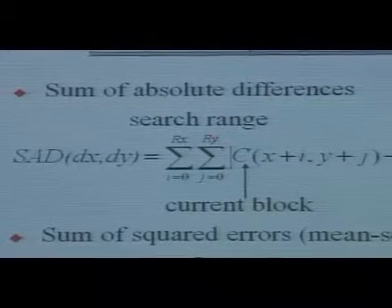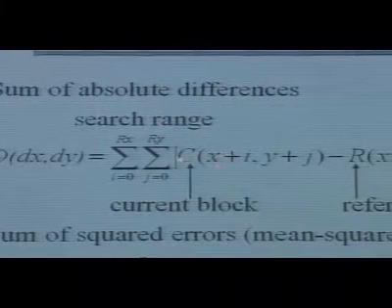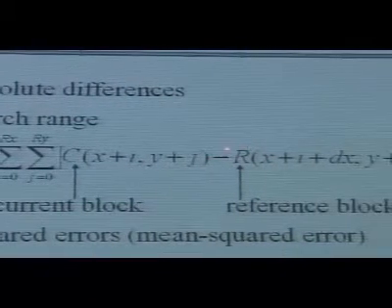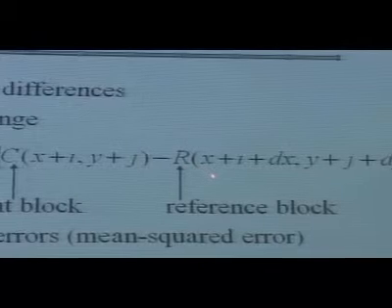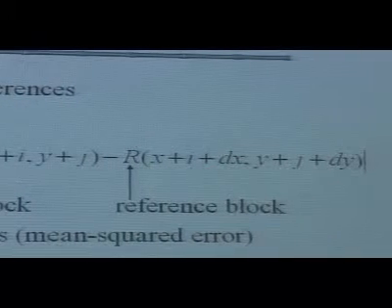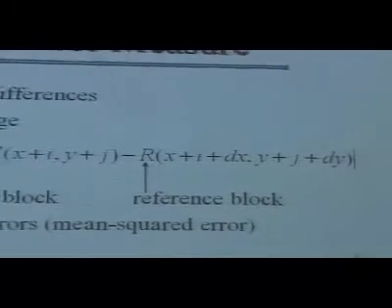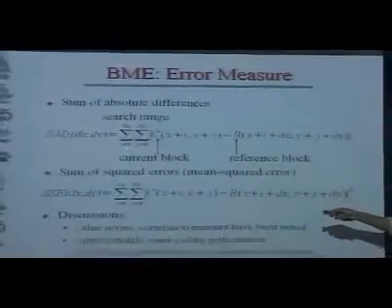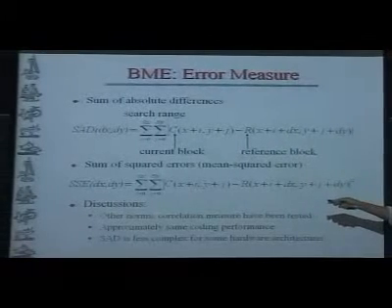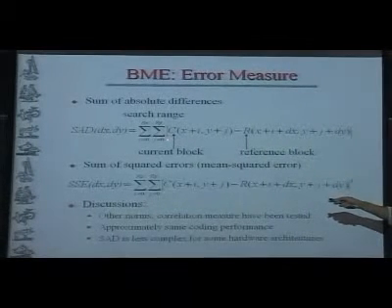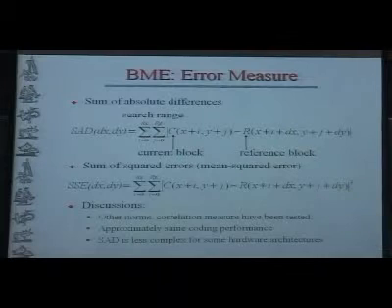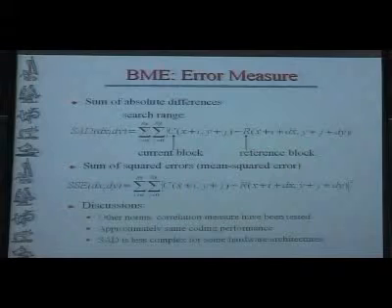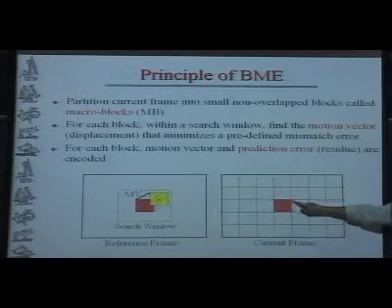So what happens is you take the current block right here, take the difference with the block in the reference frame, take the absolute value, and sum them all up. You have to search the index from 0 to Rx and 0 to Ry, where this is the size of the block.